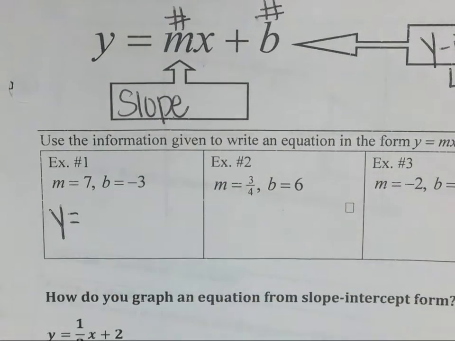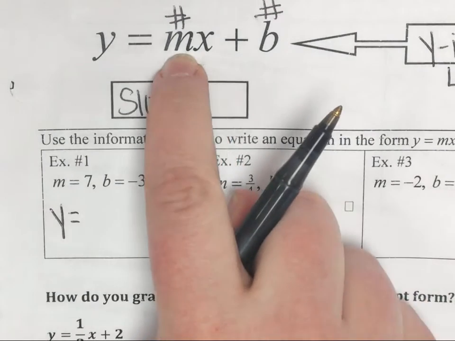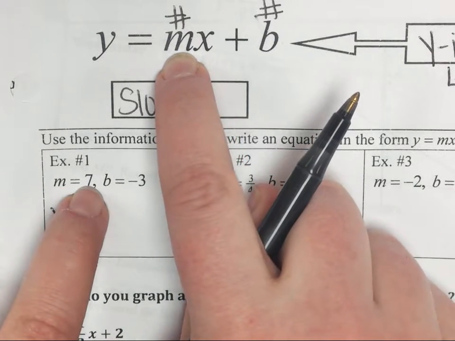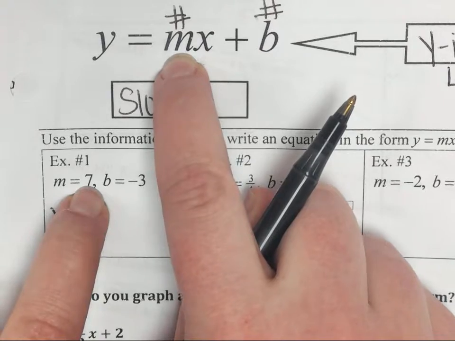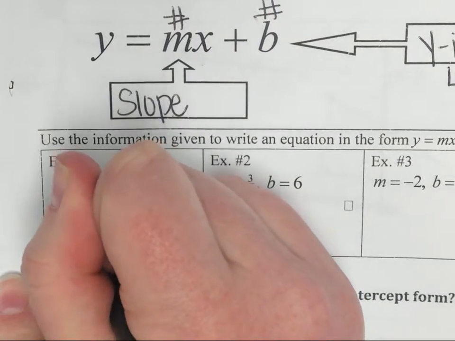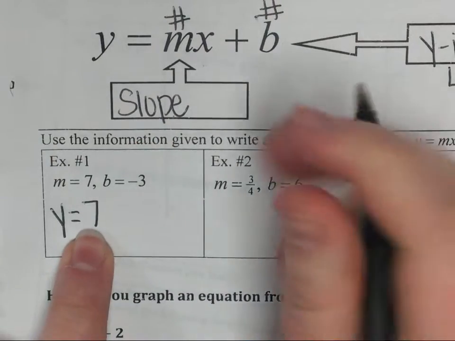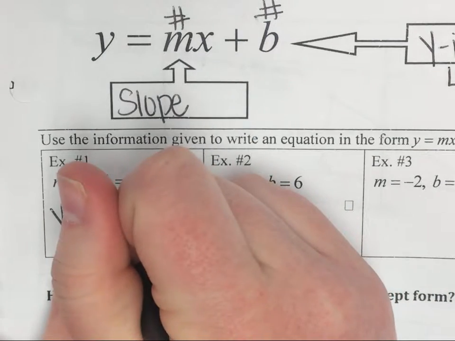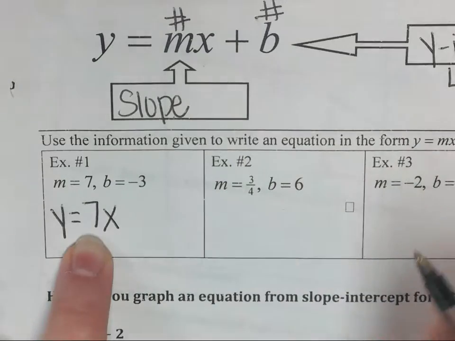Y equals. Every single time it's y equals. After y equals, we have m. Well, what number does it tell us m is equal to? 7. So what can I replace m with? 7. Y is equal to 7. And it has to be attached to what? X. So y equals 7x.